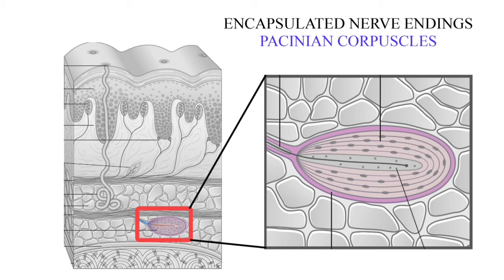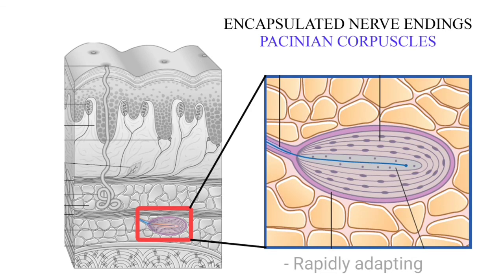Pacinian corpuscles are rapidly adapting and are especially responsive to vibration, particularly to bone vibration. In the limbs, many corpuscles are embedded in the periosteum of the long bones. Pacinian corpuscles discharge one or two impulses when compressed and again when released.